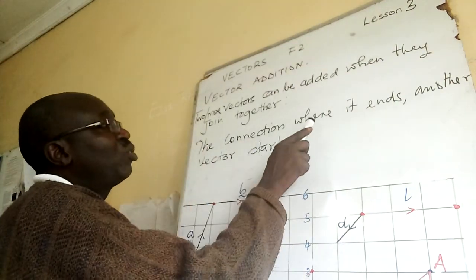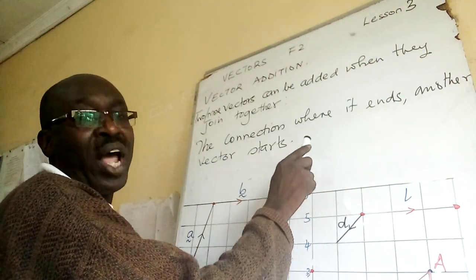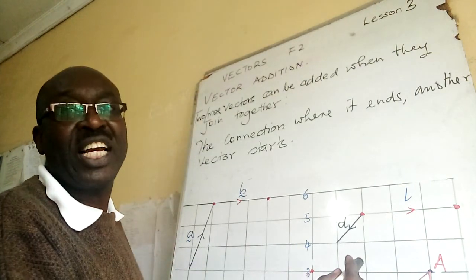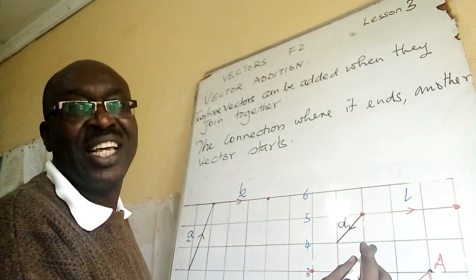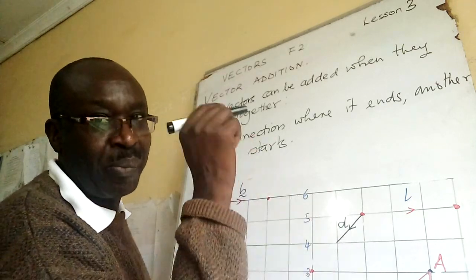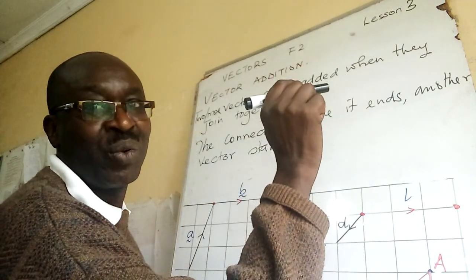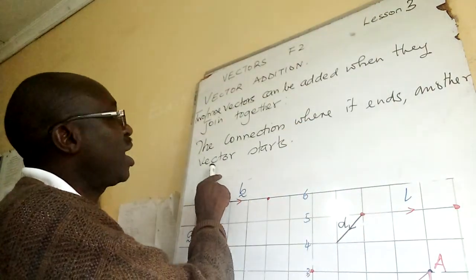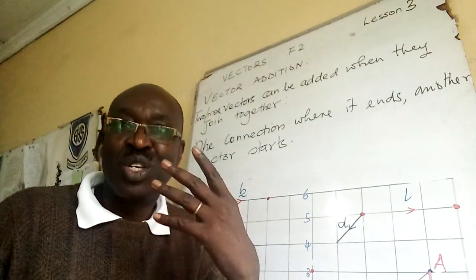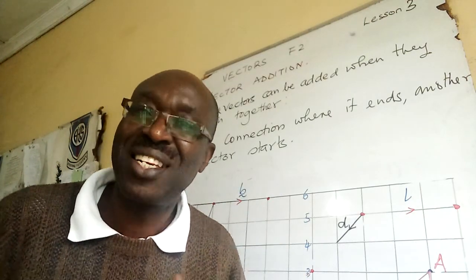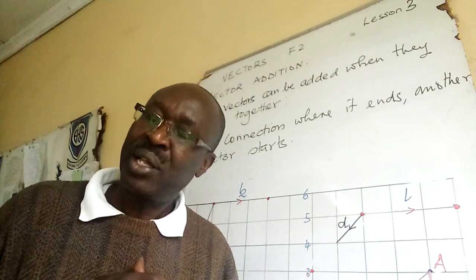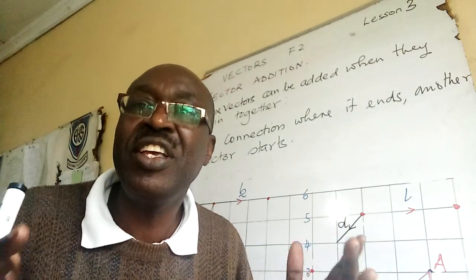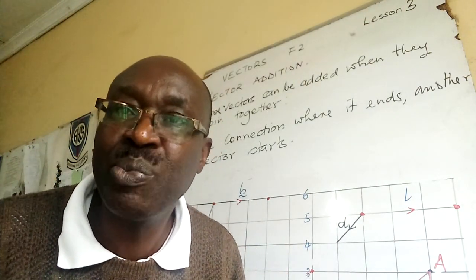So the connection, where it ends, it facilitates the other movement, with a view to reaching your destination. So another vector starts. So these are movements. Our movements from one point to another in physics are called displacements.